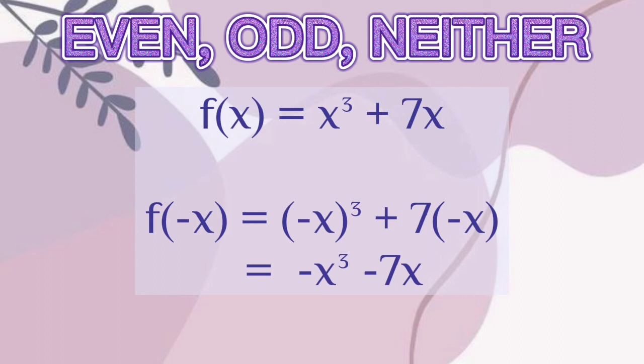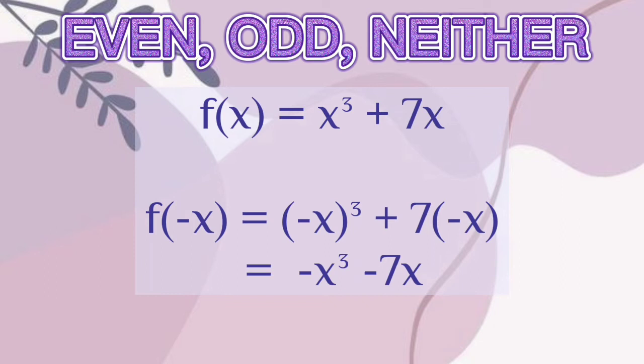Now, let's plug the negative x into the expression. The x cubed will become negative x raised to 3 plus 7 times negative x. If you multiply negative x 3 times by itself, you will again have negative x cubed. And 7 times negative x is equal to negative 7x.